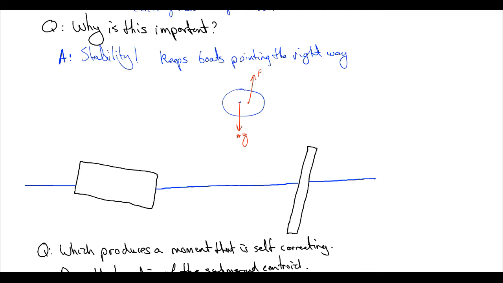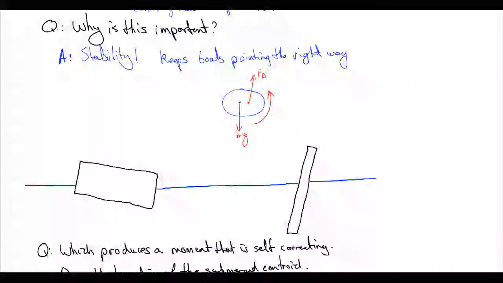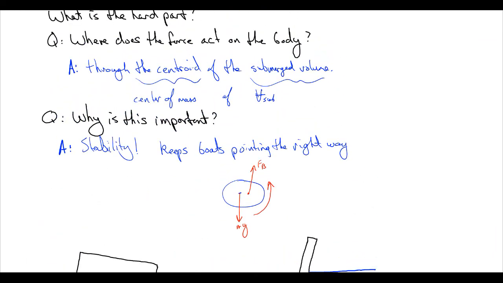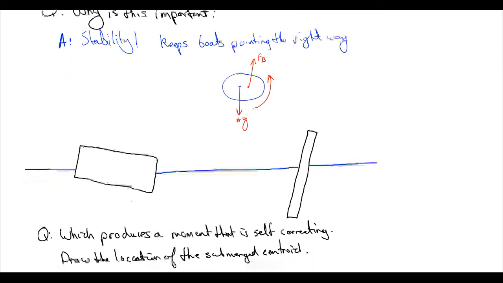Because then they're stable and there's no more couple on the object. There's no more torque on the object. So knowing that, and knowing that the buoyant force acts through the centroid of the submerged volume, let's look at two objects that are submerged.